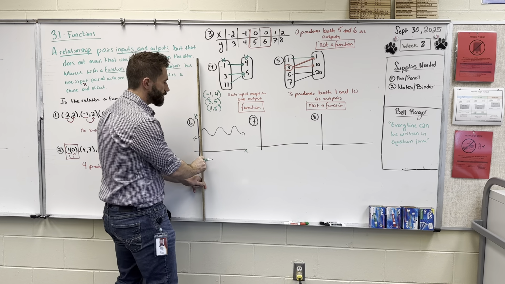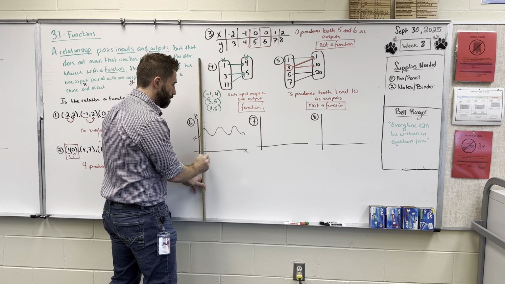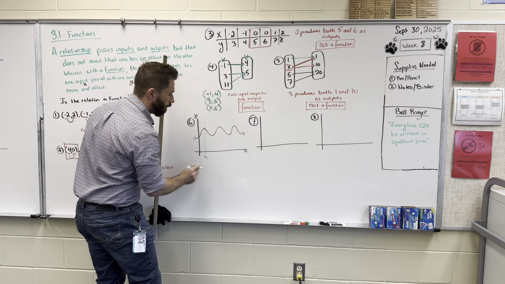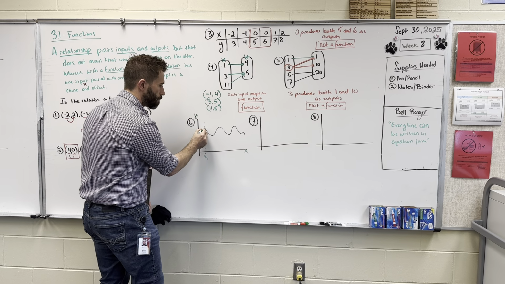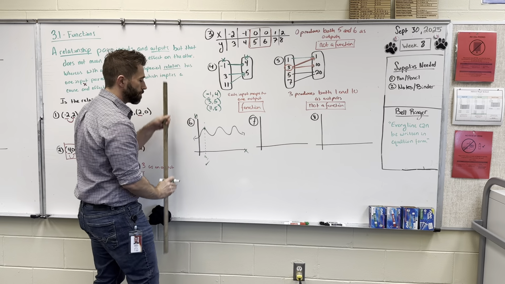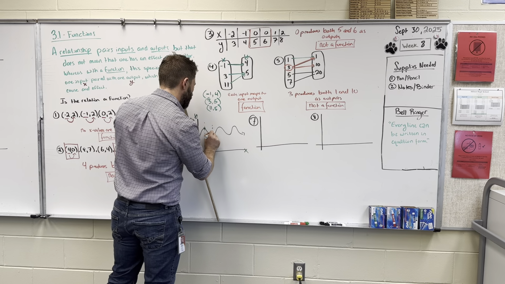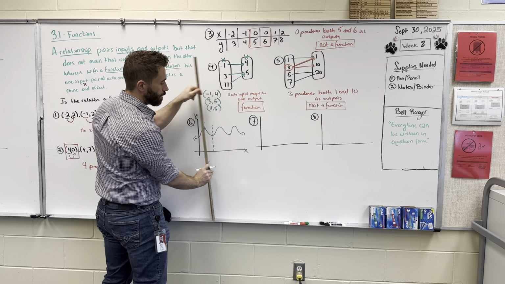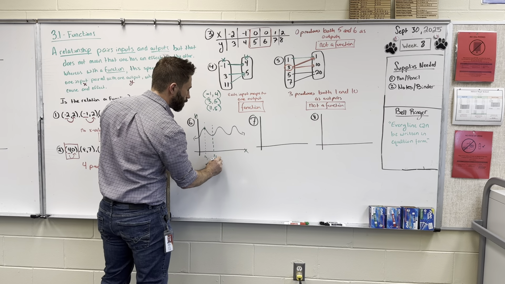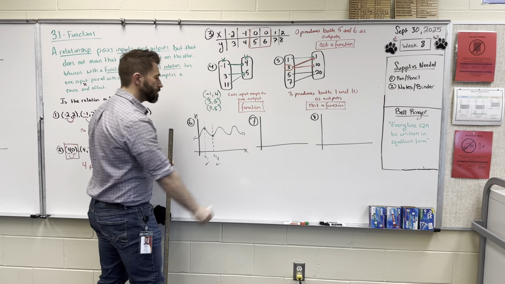As my eyes scan over, I'm doing a check like this and saying, at x equals 1, what's my y value? There's only one of them, so it's good right there. Then I'll keep scanning, and I ask, what about at x equals 2? There's only one y value. Still doing good.